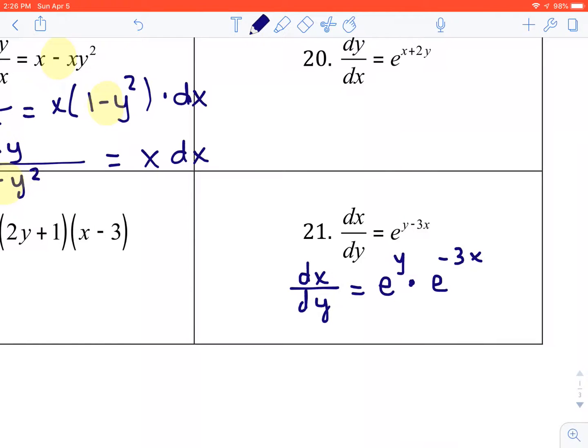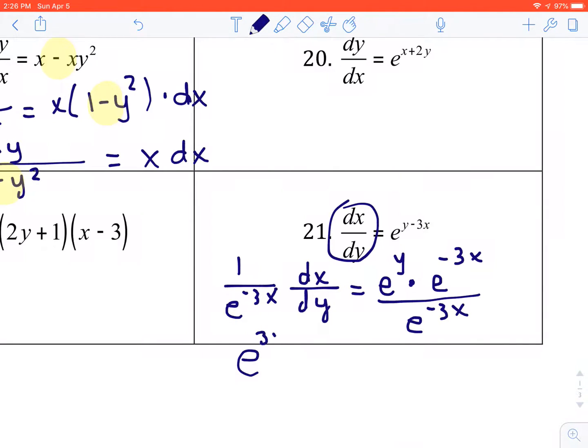And then they switch this on us, so the dx is on the top. So I want to take the x's to the left, and I can just write that as e to the 3x. I'm going to multiply both sides by dy, and you could do this in several steps, or in one, and I'd get e to the y dy.